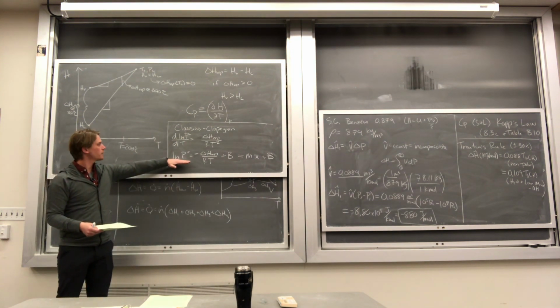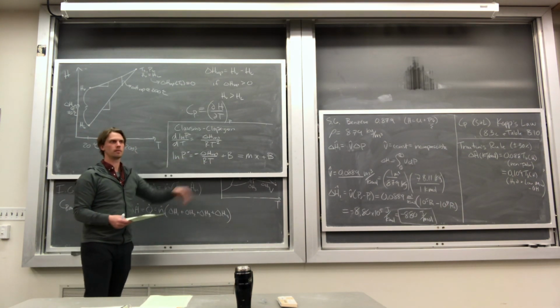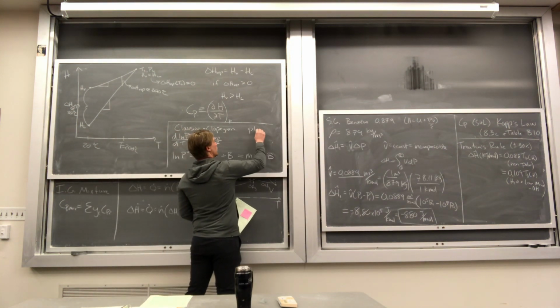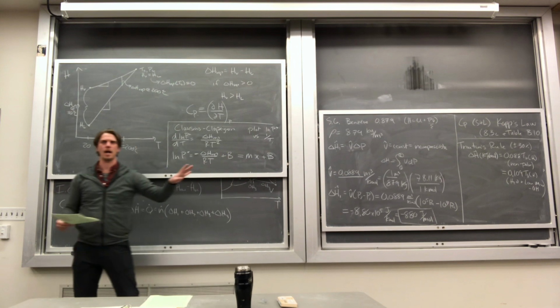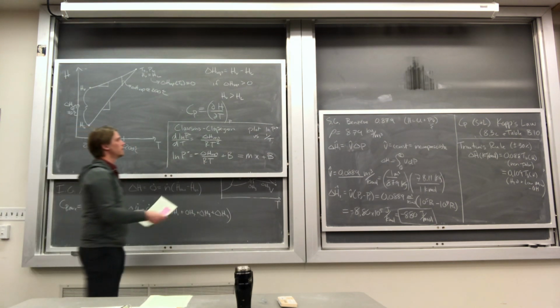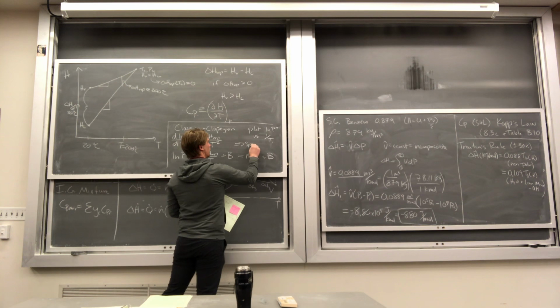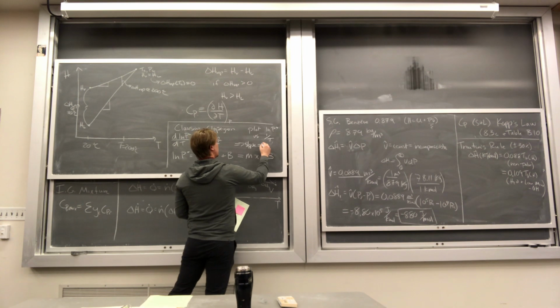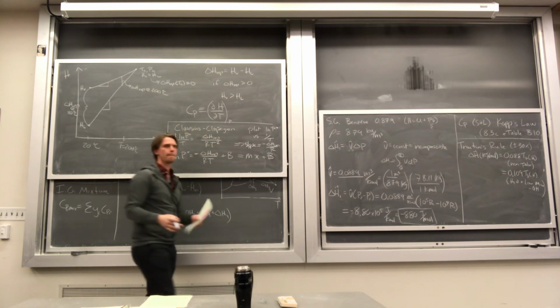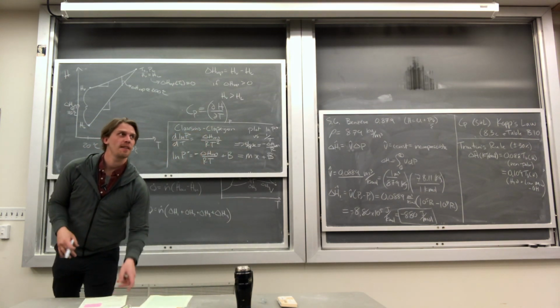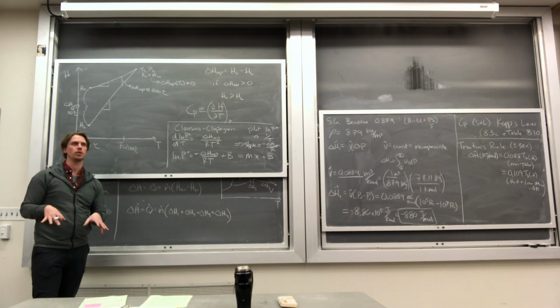If we were to plot the natural log of the vapor pressure versus 1 over the temperature, the slope would be equal to negative delta H vaporization over R. So this is how they actually measure the heat of vaporization.